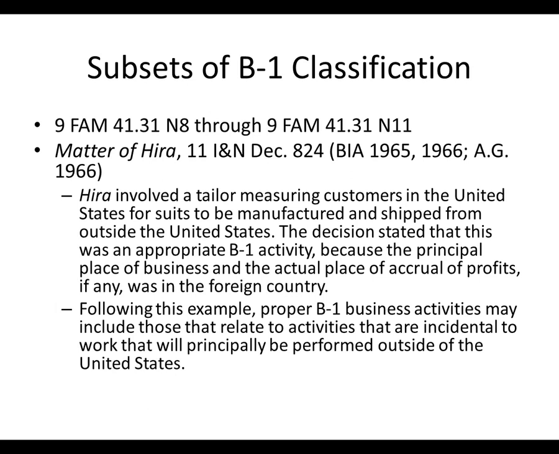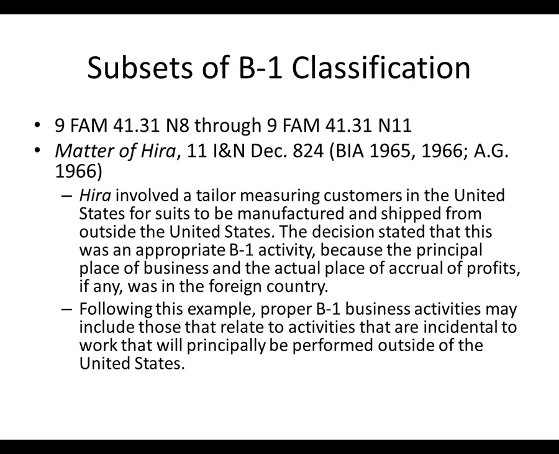Meeting with potential clients for website design, if the design were to be done predominantly outside of the U.S. by a company outside of the U.S., and the individual coming to the U.S. to do so was customarily employed by that company outside of the U.S. So, we've gone through the different classifications or subclassifications of permissible business activities, and we'll go into some detail exploring what those are and what would be required to obtain such classification.